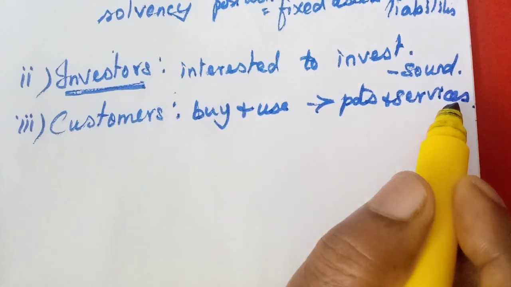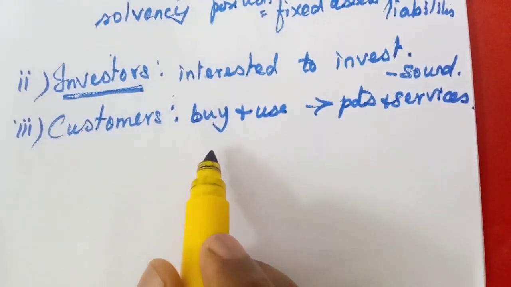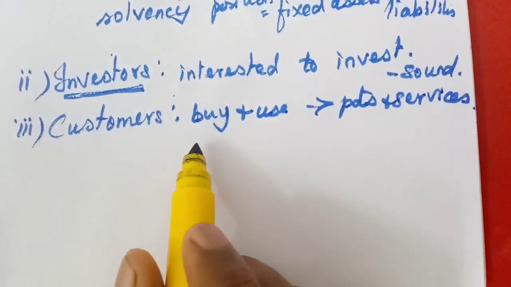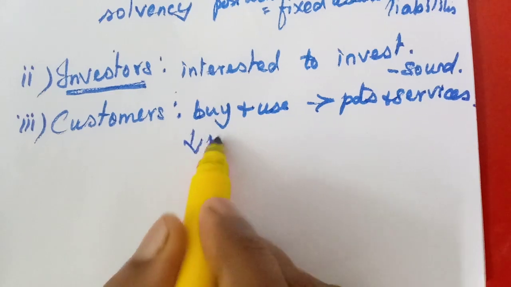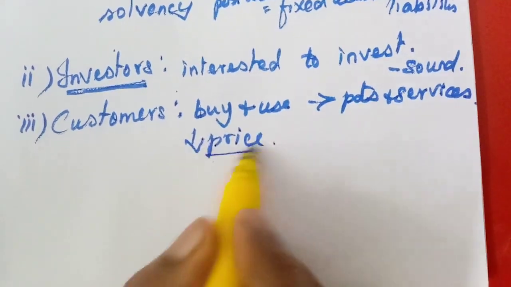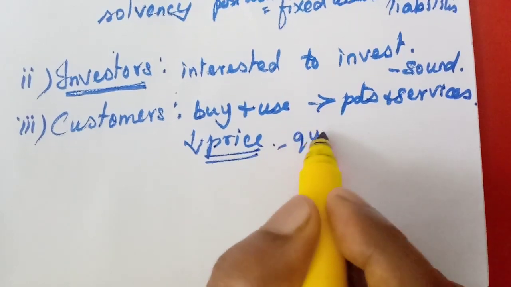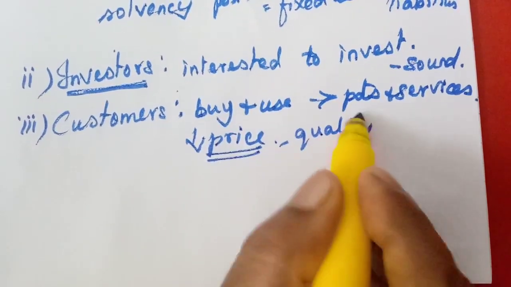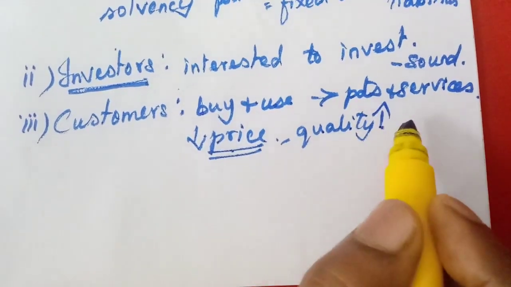They also want to know the financial position. Why do customers want to know? If the company earns more profit, only then they may reduce the price of the product. The customer will always be worrying about the price of the product, then the quality of the product. The price should be less, the quality must be good.